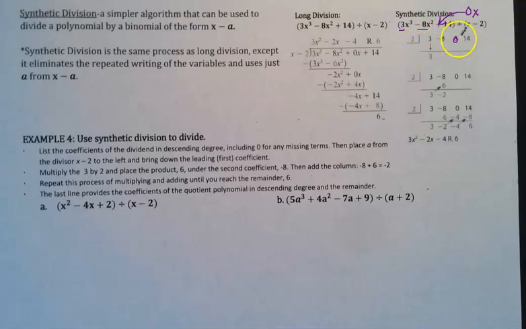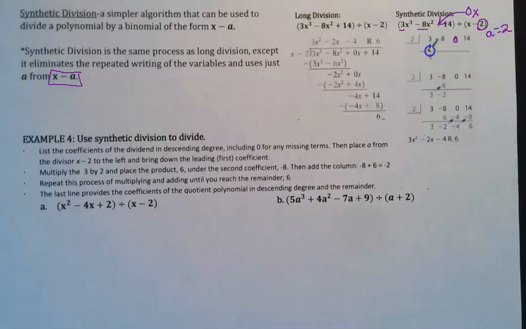We're setting it up in the same descending order. And then we're only taking the 2 to divide by from this form x minus 2. Since x minus a is the form, we're just taking the a value. So our 2 is our a value.